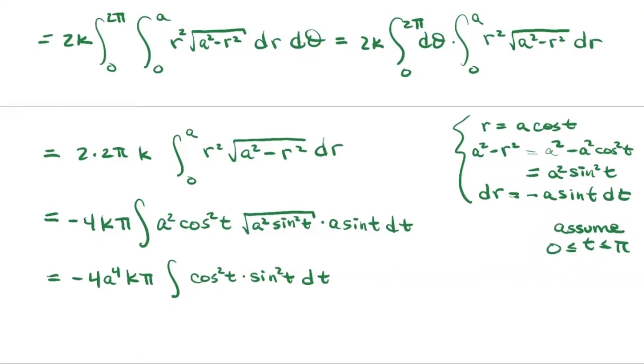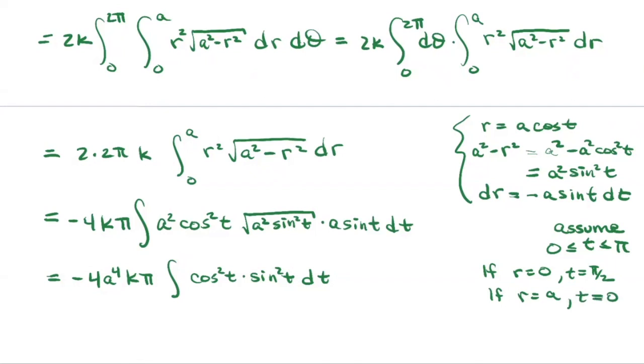So we would need t to be pi over 2. Cosine of pi over 2 is 0. And if r is a, then I need cosine t to be 1. So t will be 0.